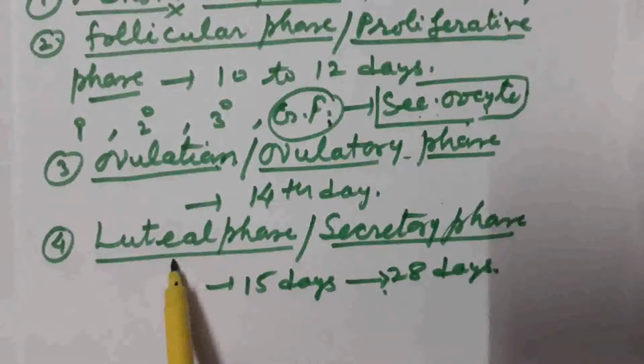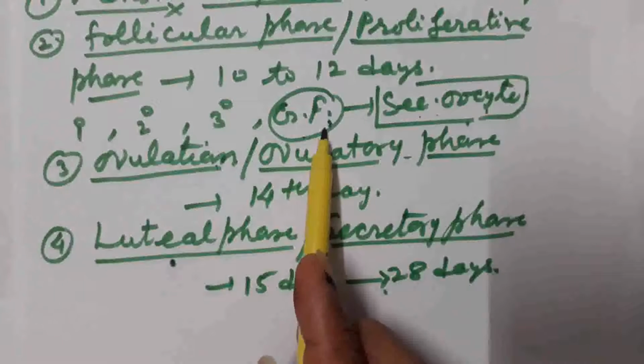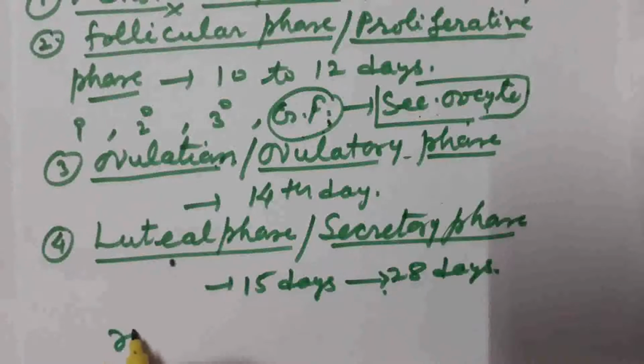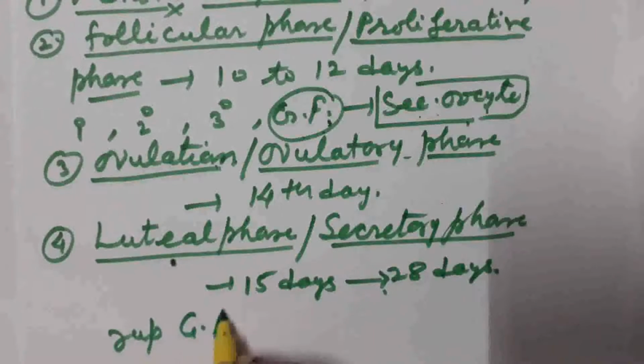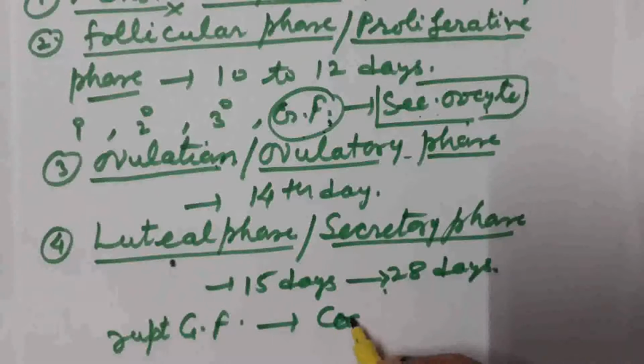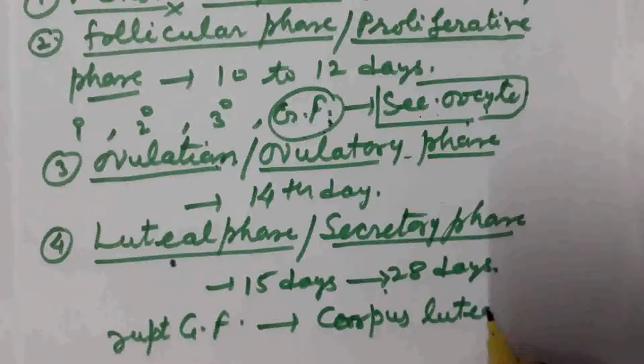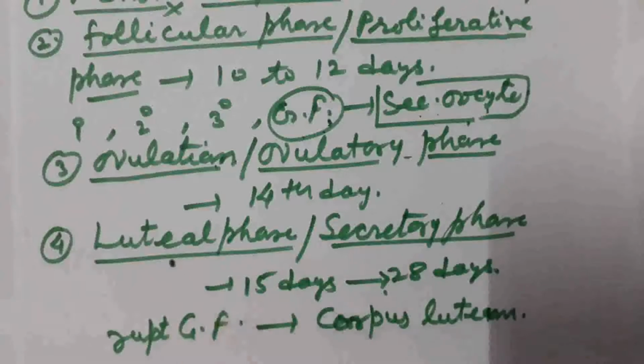Why do we call it the luteal phase? Because corpus luteum is produced from the ruptured Graafian follicle. Ruptured Graafian follicle is converted into corpus luteum. That's why it is known as the luteal phase.